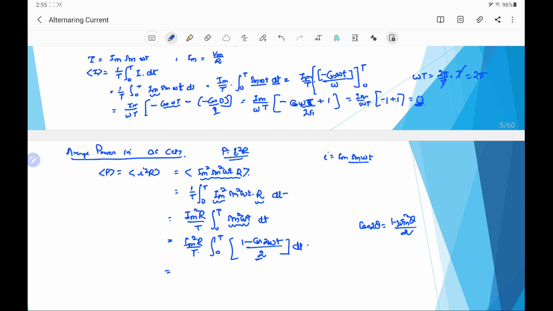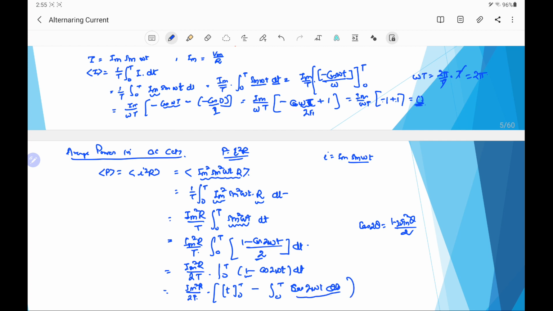This 2 is constant, so taken out of the integral, this is by 2T, and this is the integral from 0 to T of 1 minus cos 2 omega t dt. Now the integral of 1 is t, so its value from 0 to T is T, minus the integral from 0 to T of cos 2 omega t dt.